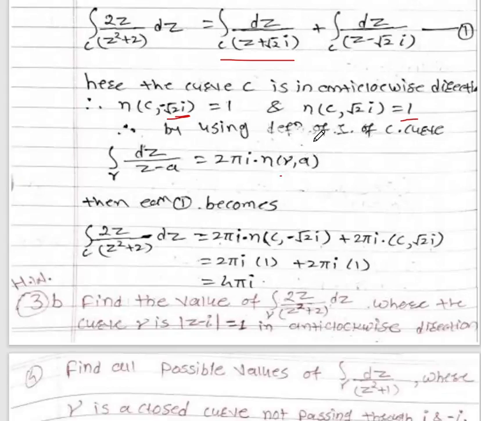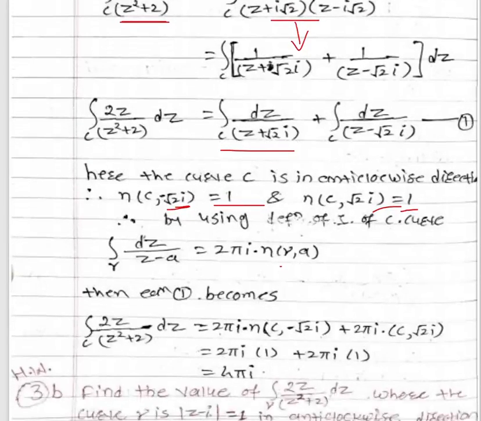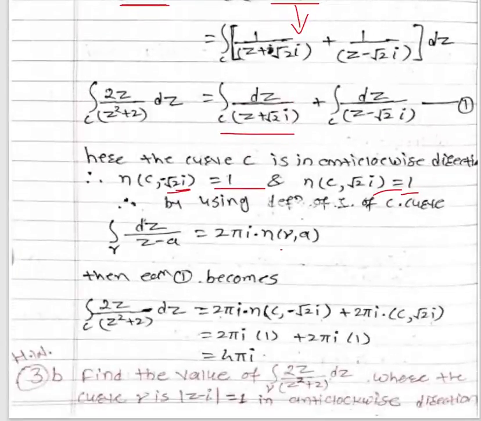Putting these values, you will get 1 and 1. So adding both terms, you will get 2 pi i. So this is the third example on the index of a closed curve. Now I will give you a fourth example on the basis of this, so you can solve this problem.